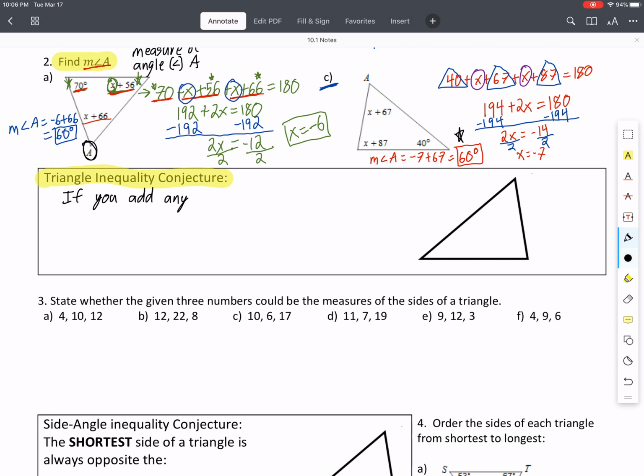So basically, if you add the length of any two sides of a triangle, the sum, or basically the result from adding those two sides, needs to be greater than the length of the remaining side.